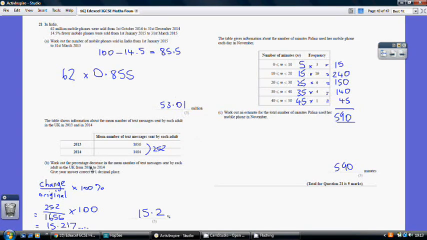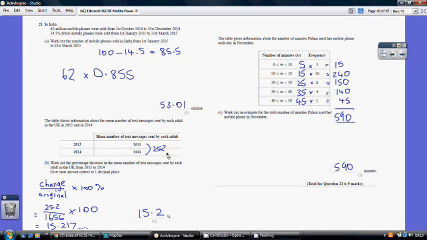Now for part B, we're being asked to work out the percentage decrease from 2013 to 2014. Now to work out a percentage increase or decrease between two numbers, you work out the change and you divide this by the original amount, and to turn it into a percentage you times this by 100. So the change, the decrease, is 1656 take away 1404, which is 252.